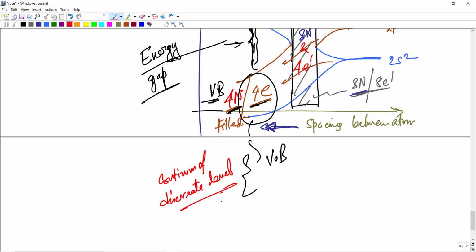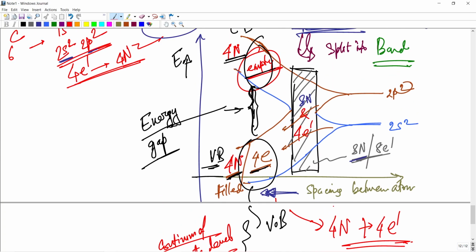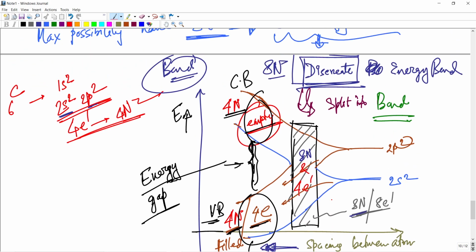So 4n states are occupied by 4 electrons here, and these discrete levels appear to be a band. This is actually the band structure, or the basic idea of the band diagram.